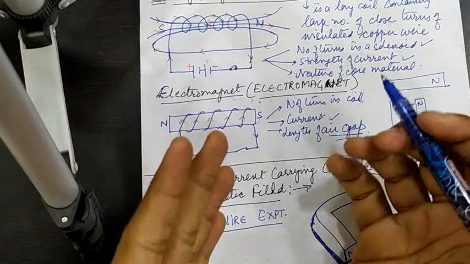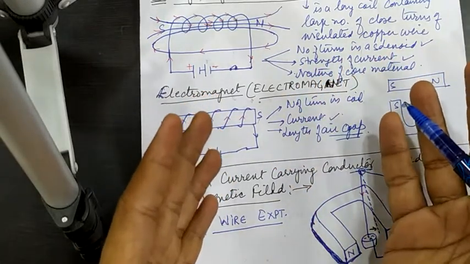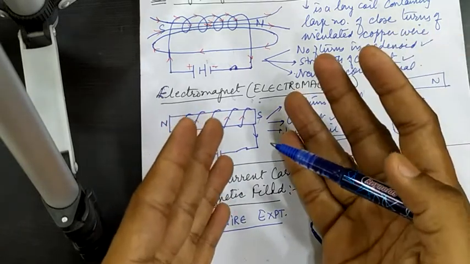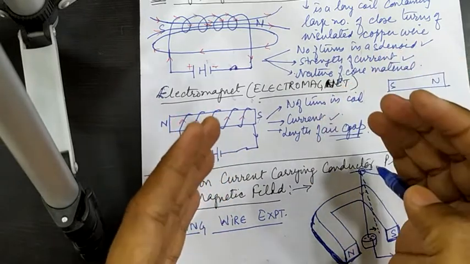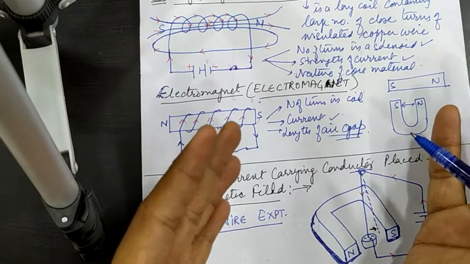So there are differences between a bar magnet and an electromagnet. A bar magnet is a permanent magnet, as you know. An electromagnet is a temporary magnet. A permanent magnet gives you a comparatively weak force of attraction, but you can have a very strong magnetic force in electromagnets.